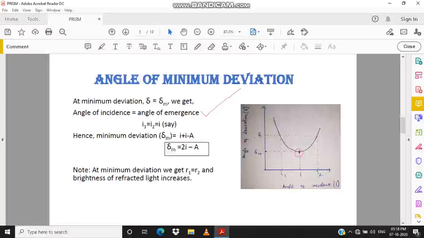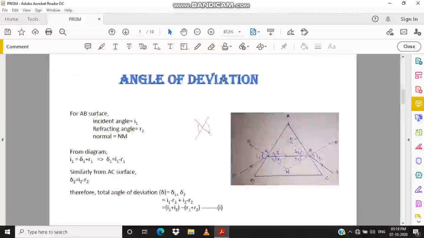Now this one is the relation for the angle of minimum deviation. Note one thing. Since I1 and I2 are the same, therefore R1 and R2 will also be equal. We saw R1 and R2 over here.